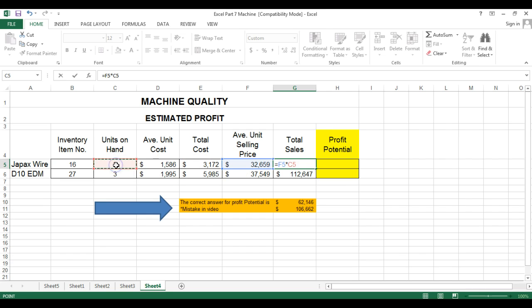Times units on hand. And equal sign. And let's see here. Do that total sales minus total cost. Yep, I did it right this time. Good. Excellent. So that is what you should come up with.